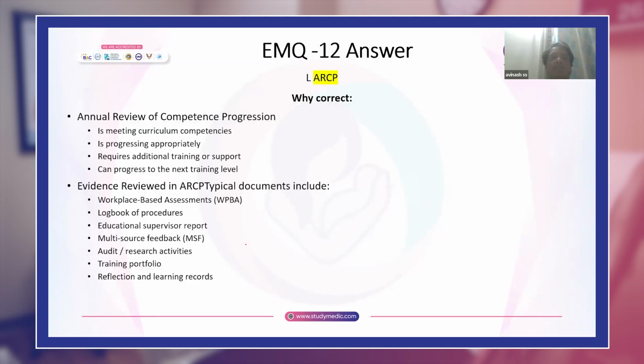It is ARCP. That means annual review of competence progression.